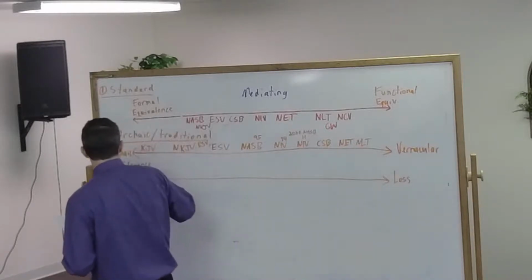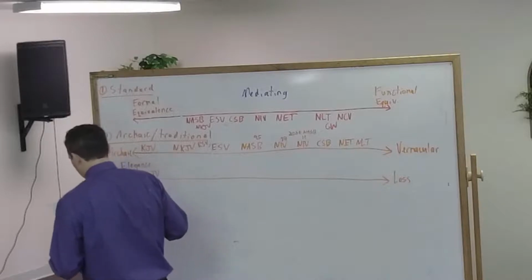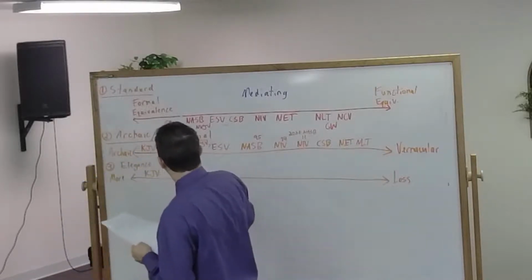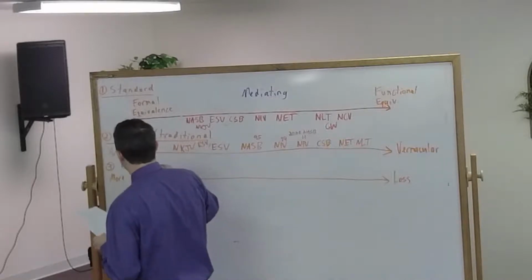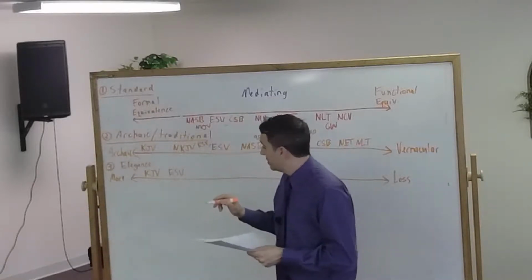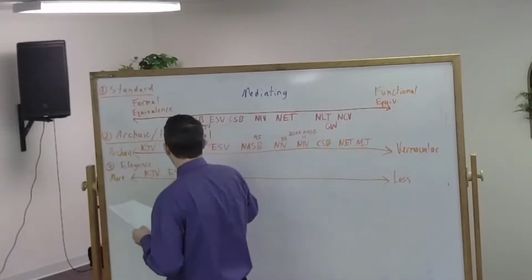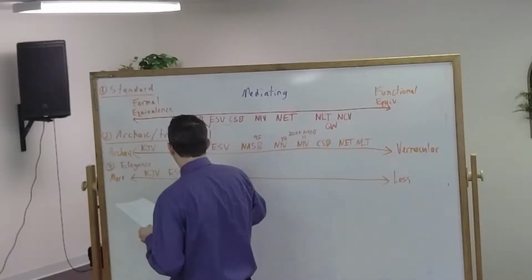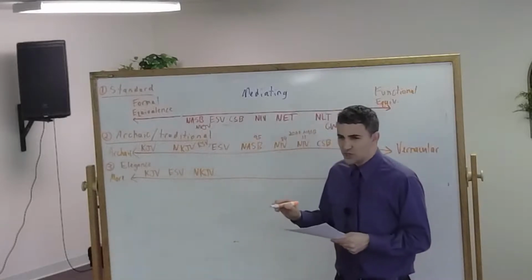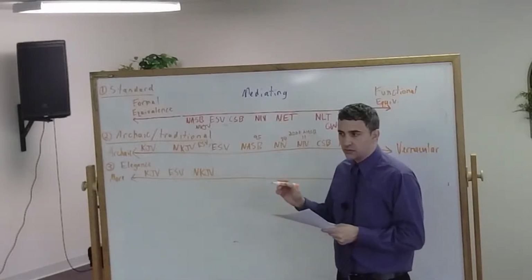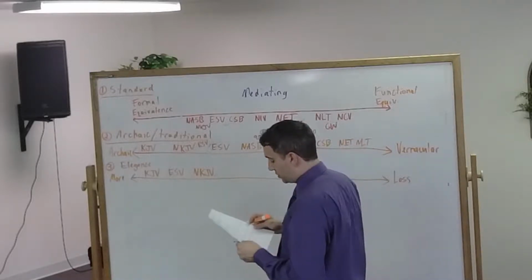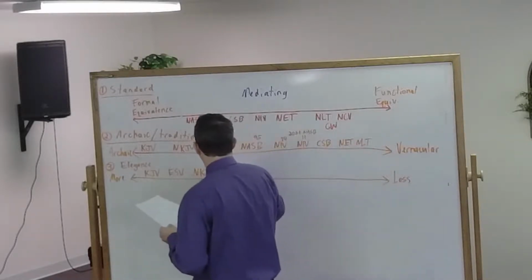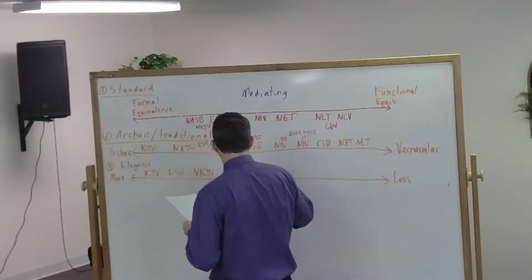So once again, the KJV is over here on the left side. And then, interestingly, most people say that the ESV is probably the next most elegant one. I don't hear of anybody claiming that the New King James is more elegant than the ESV. Most people would agree that the ESV is more elegant than the New King James. And then, this is all arbitrary, of course, the 84 NIV, and then the NIV 2011.